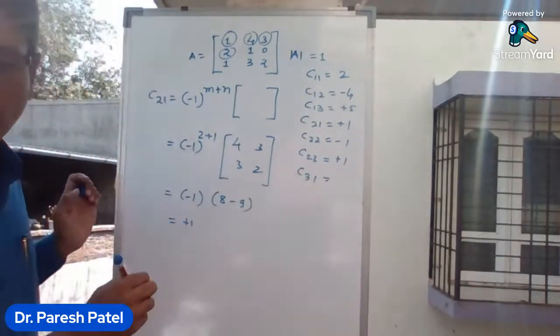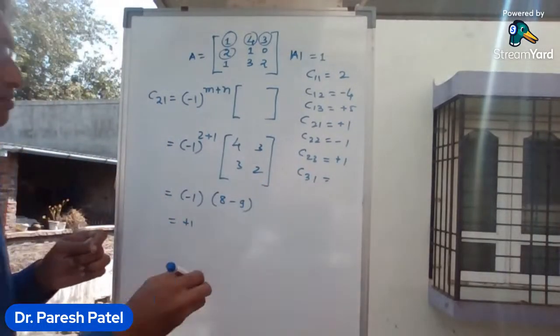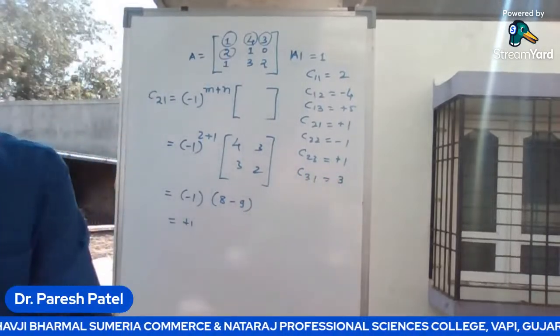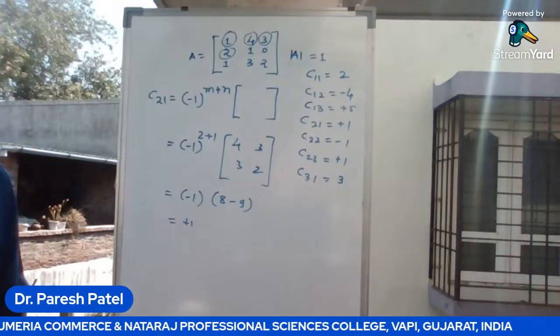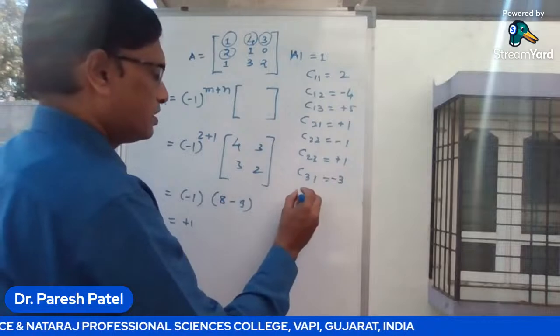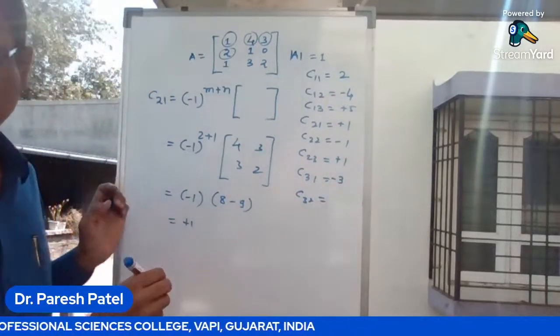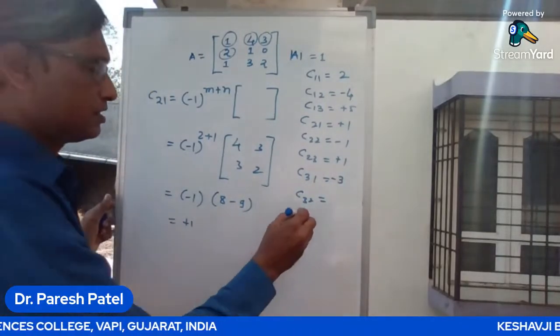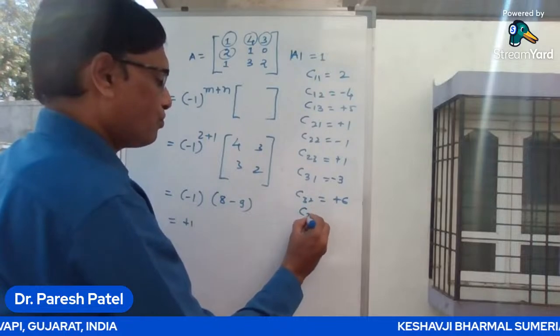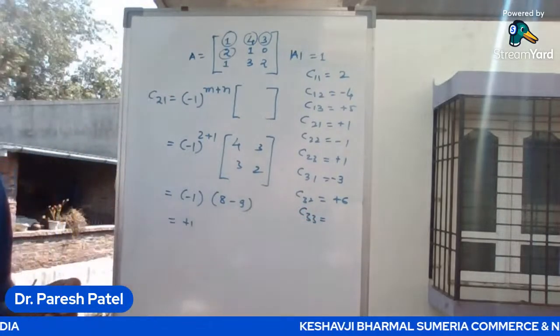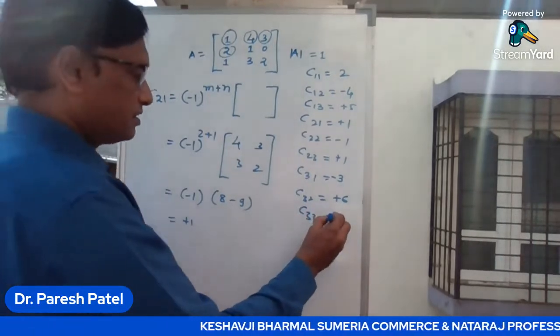For C31, the value is 3, and for C32, minus 3, no, C32 is equal to 6, and the value of C33 is equal to minus 7.